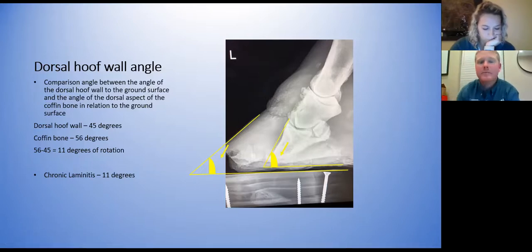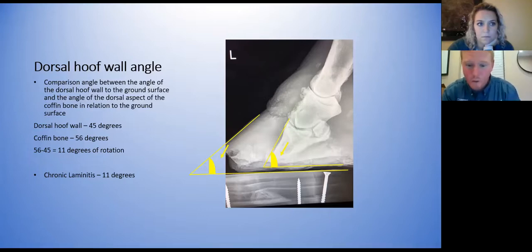And so that is a very vital tool when you want to measure any dorsal hoof wall rotation in horses that have chronic laminitis, have evidence of laminitis, or may have some disparity of their hoof wall.